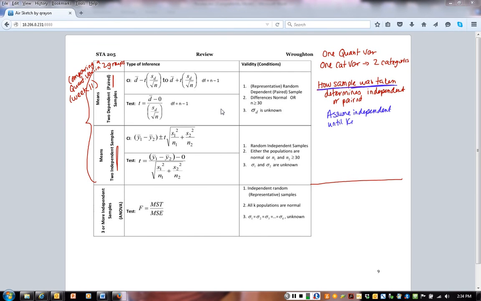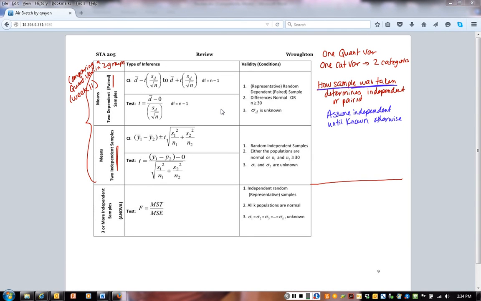So if there is no reason to pair them, we're going to assume that they are independent. Now if I sampled 20 men and then I sampled their 20 wives, okay, a certain husband goes with a certain wife, so therefore it's going to be a paired sample. So again, that one boils down to how the sample itself was taken.